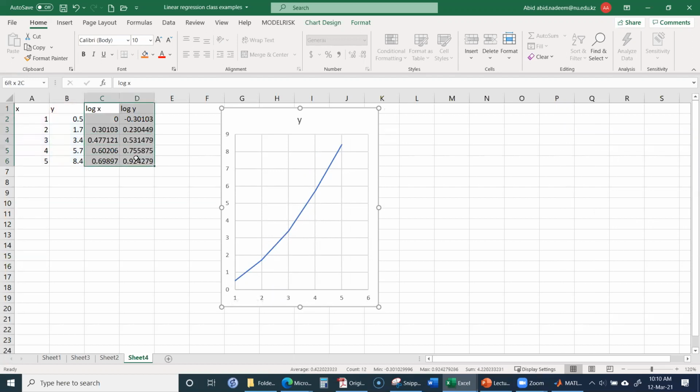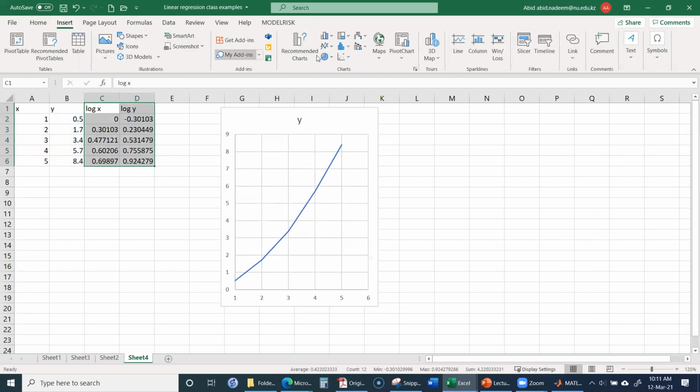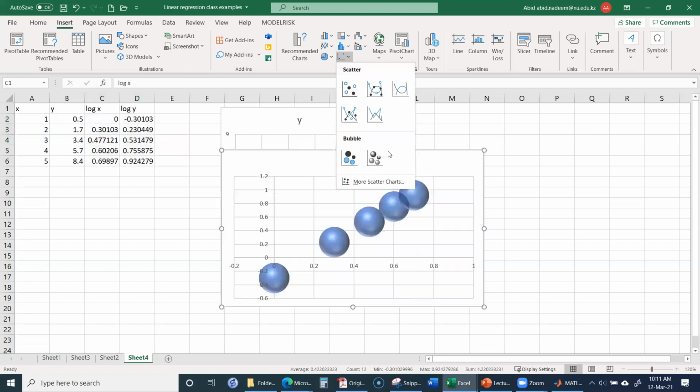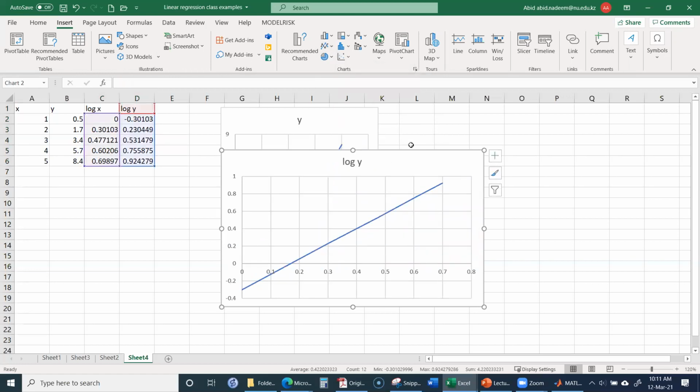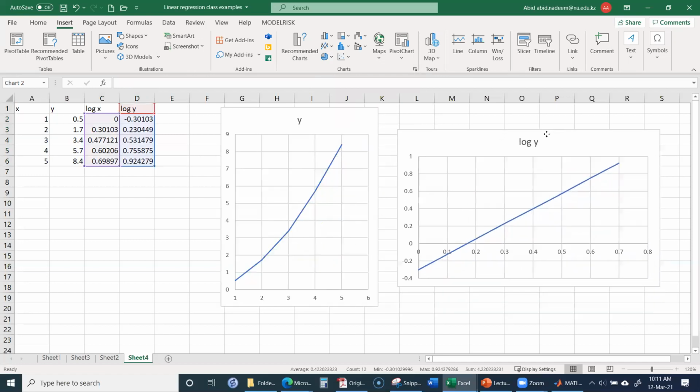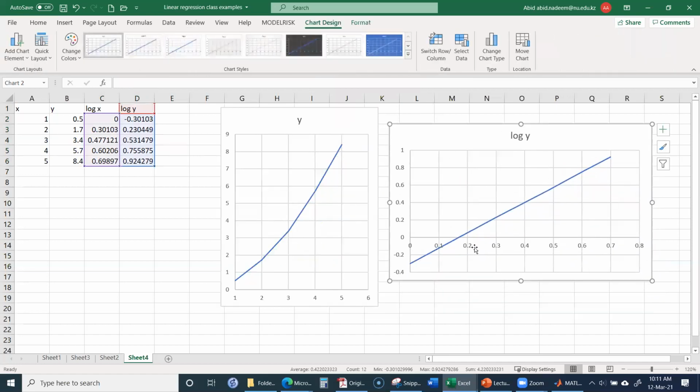However, if we plot a graph between log x and log y, insert chart. Where is this chart? Yeah, insert chart. Yeah, this one. Insert chart, and then maybe we can plot this one, this line. So here you can see that it's almost perfectly looking like a straight line.